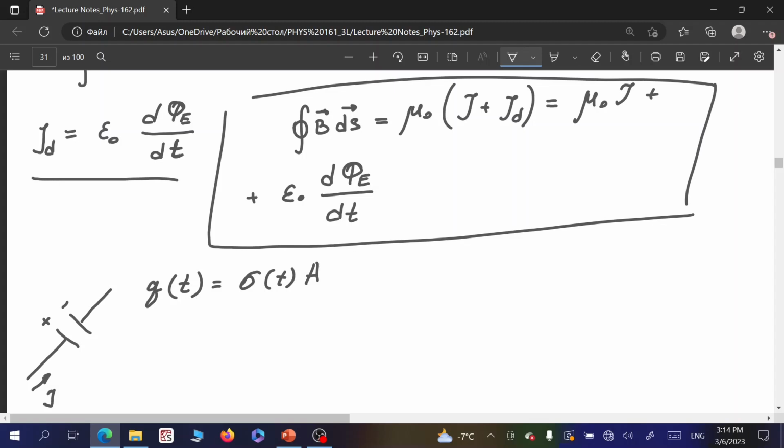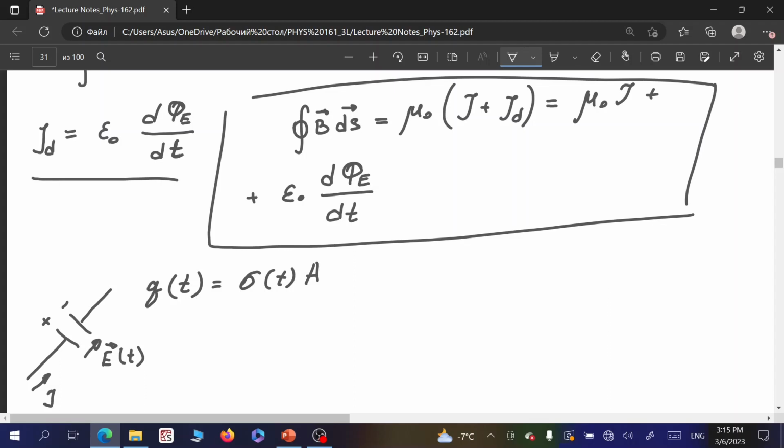If we have any charges at the plates, there will be an electric field created inside this capacitor. And as a result of the varying amount of charge accumulated in the capacitor, we will also observe a time-dependent electric field. This electric field vector will be the same in orientation, just perpendicular to the plates of the capacitor, but its magnitude will change over time. It will also possess some time dependence.